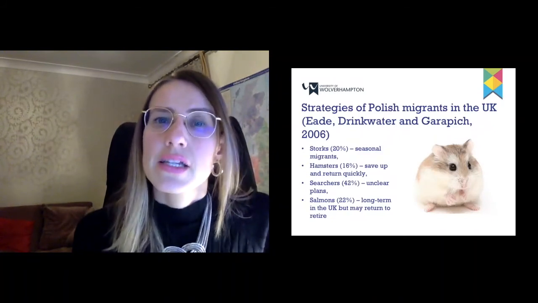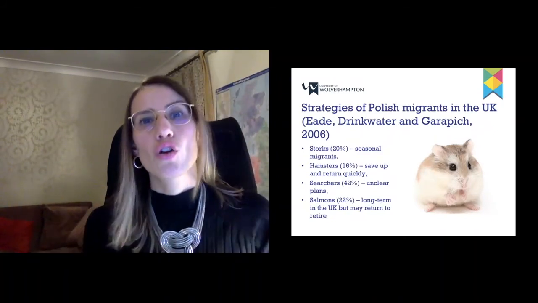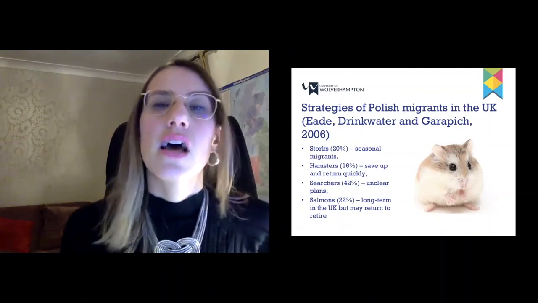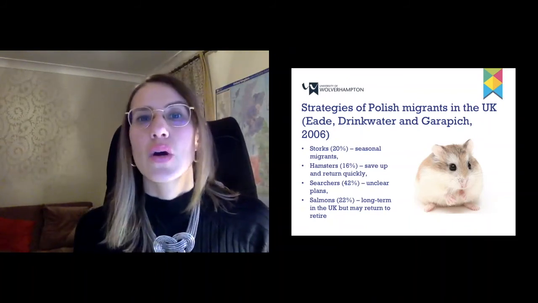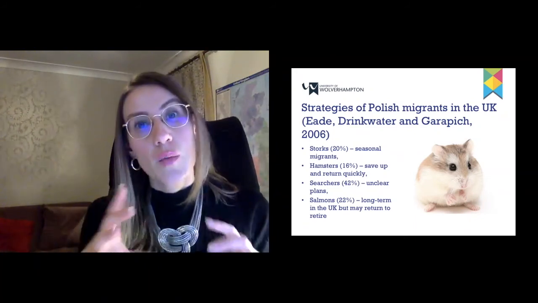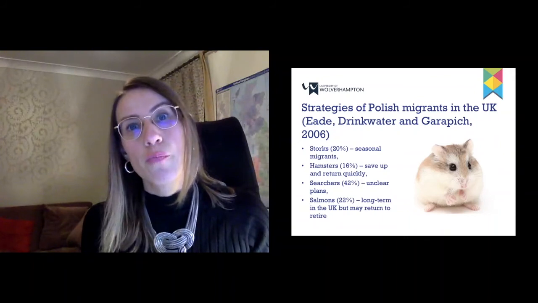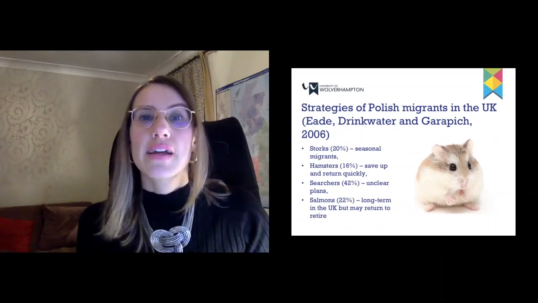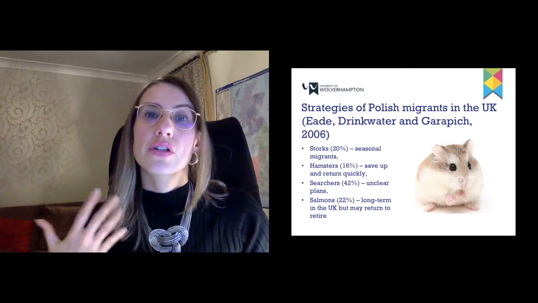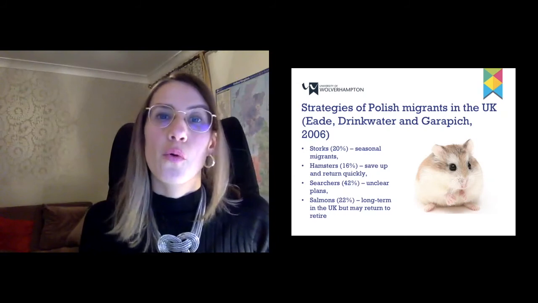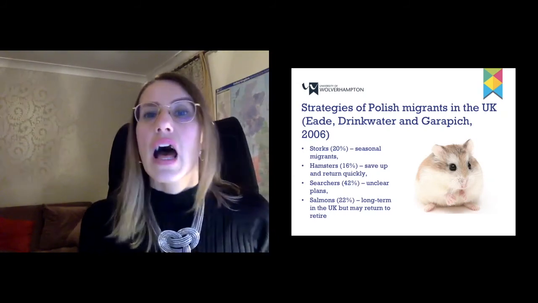Obviously, social scientists were looking for typologies and a way to classify. As I already said, following the EU accession, everybody migrated from Poland. Obviously, not everybody, but it was a very diverse group. So it's important to see the different characteristics and different plans of people.